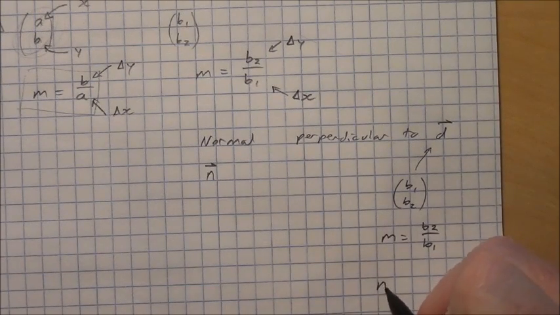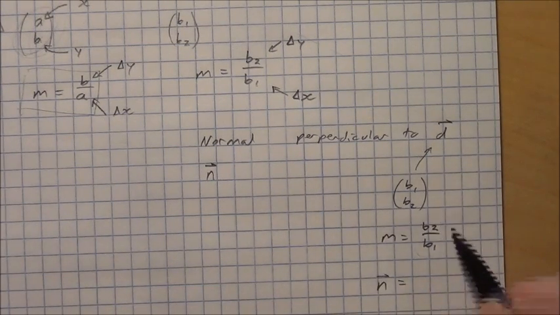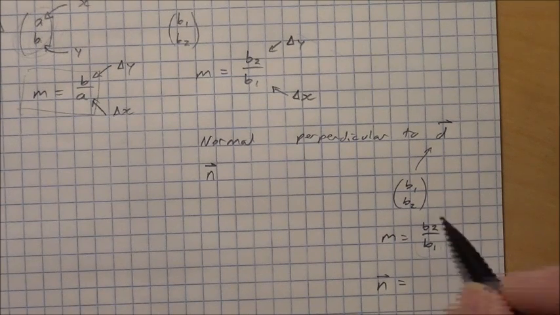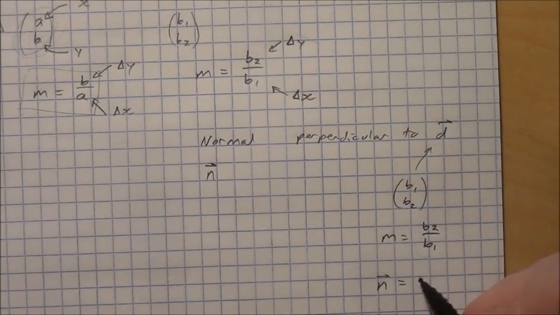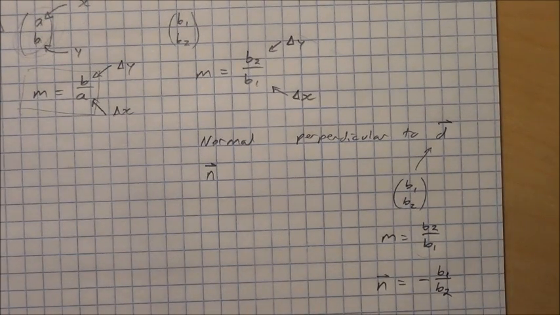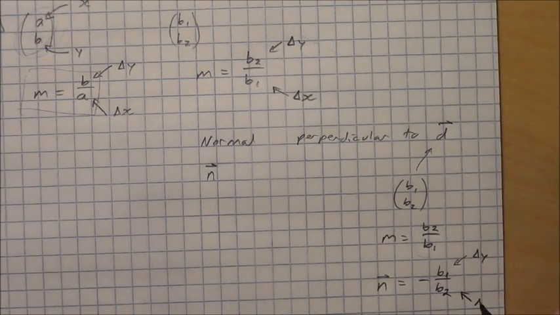Well, the normal, if we know from previous years of work, is the negative reciprocal of the gradient, so it would be negative b1 over b2. This now is the new delta y for the normal, and this is the new delta x.